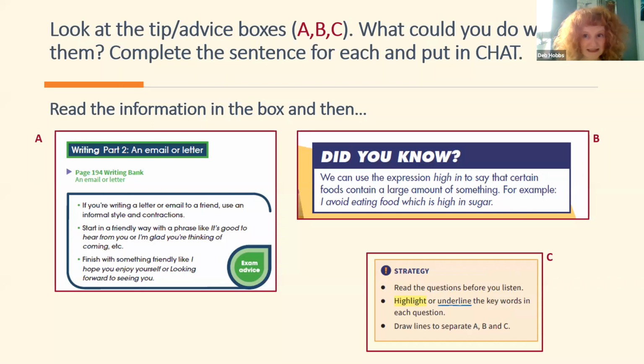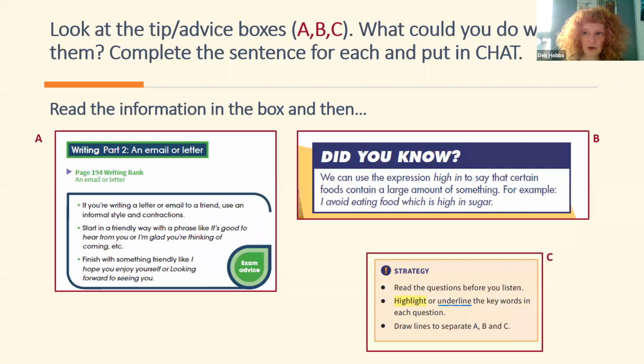So you don't necessarily have to use them for their intended purpose. As we did with the reading strategies, you could use them as a writing task if you wanted, or you could use them for grammar or vocabulary practice.